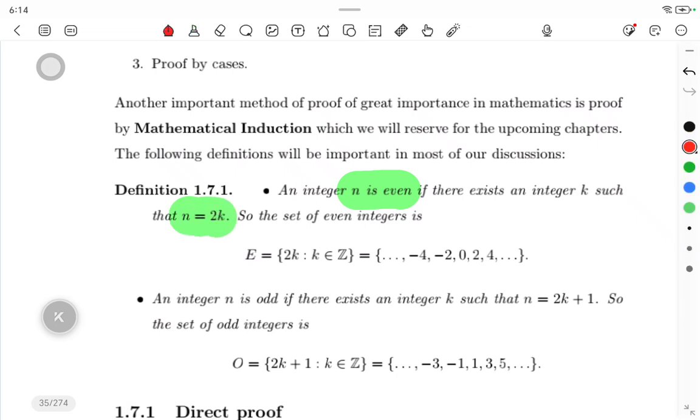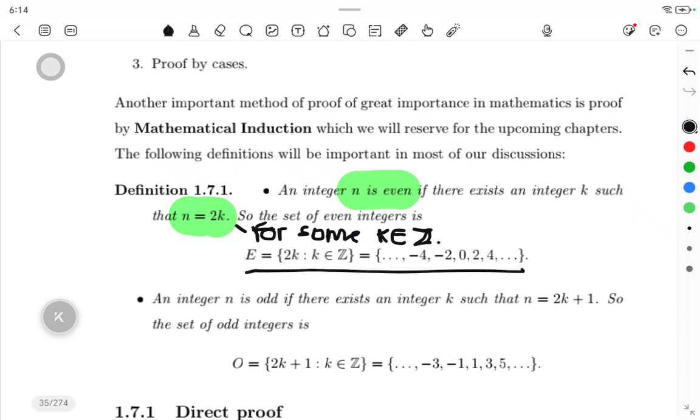They should have said somewhere here, for some k element of an integer. These words which I'm writing are very important. So we should keep this in mind.